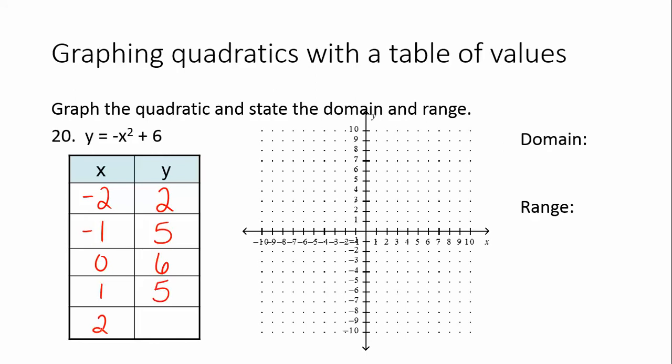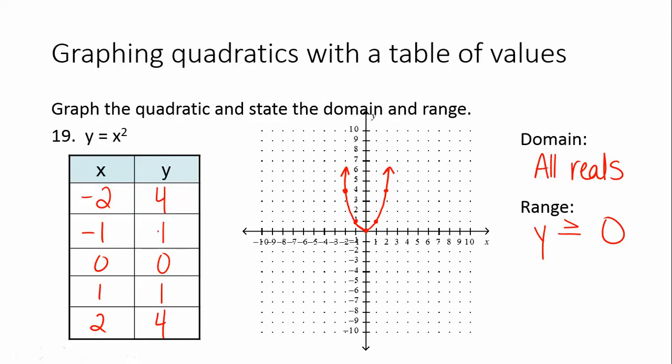And when I plug in a 2 and square it, I get 4, but I make it negative, so -4 plus 6 is 2. And you may be noticing a pattern here with our y values. Notice it goes 2, 5, 6, 5, 2. Similar to the last example that went 4, 1, 0, 1, 4.